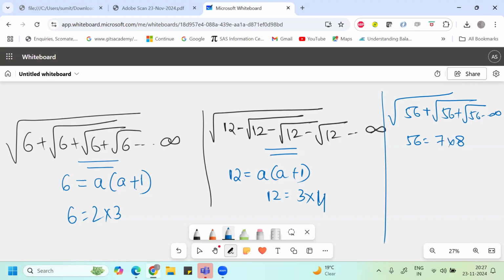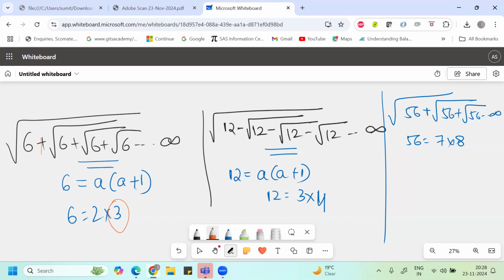If the value is the product of two consecutive numbers, and the plus sign is there inside the square root, then your answer would be the bigger number.